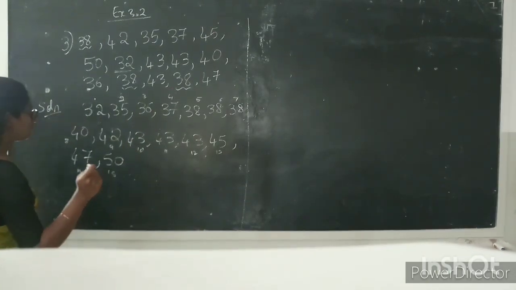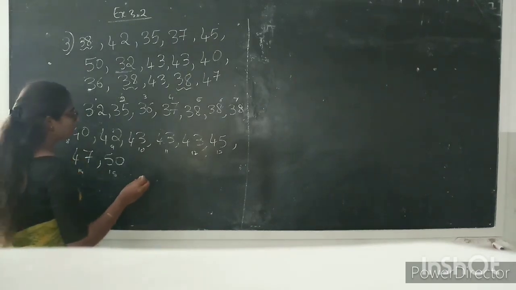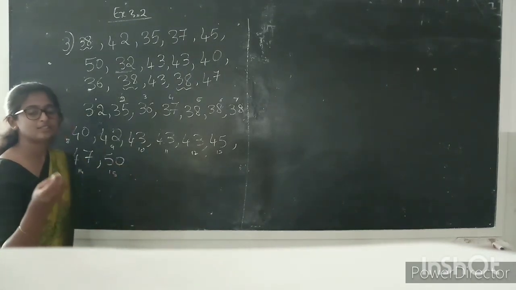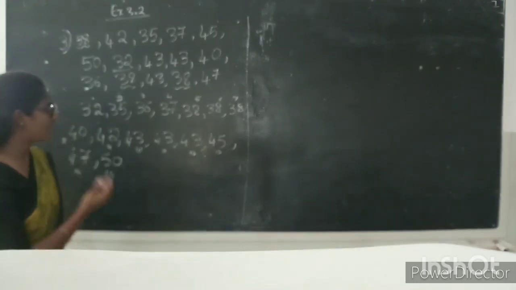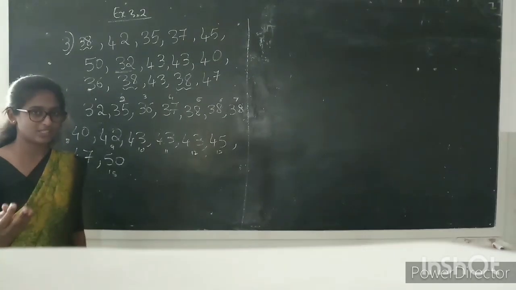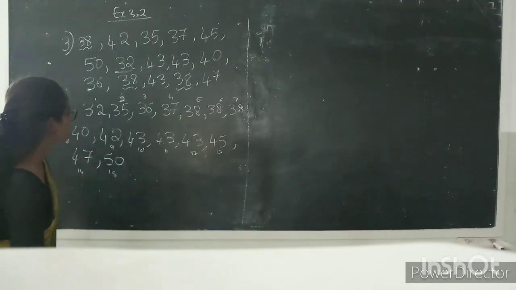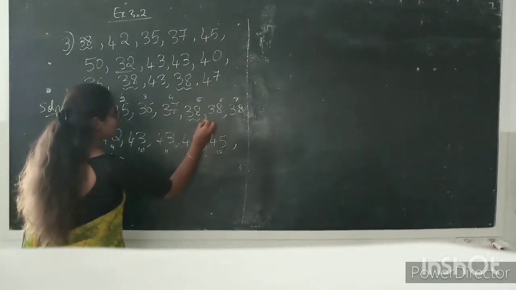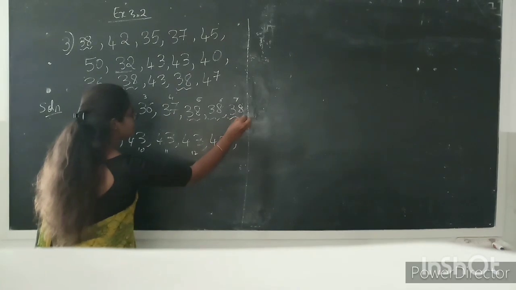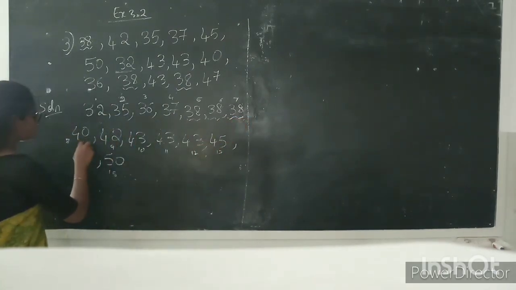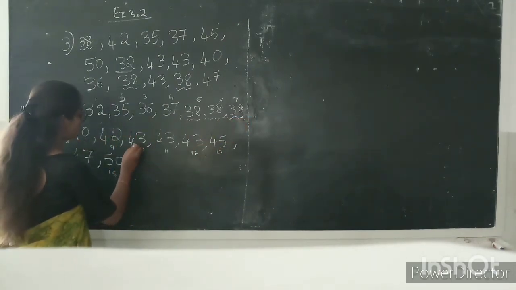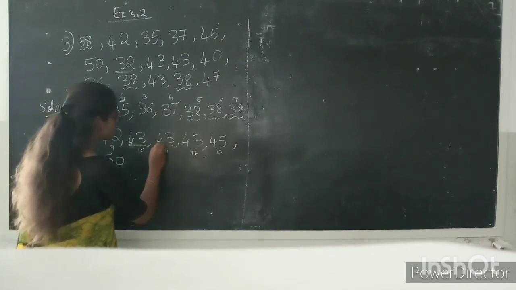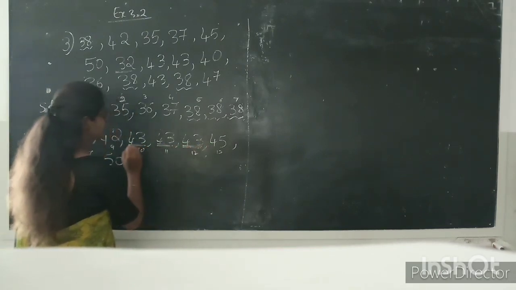Mode is nothing but the value which occurs most often. Which is the value that is occurring most often here? 43 is repeating three times, and 38 is also repeating three times.